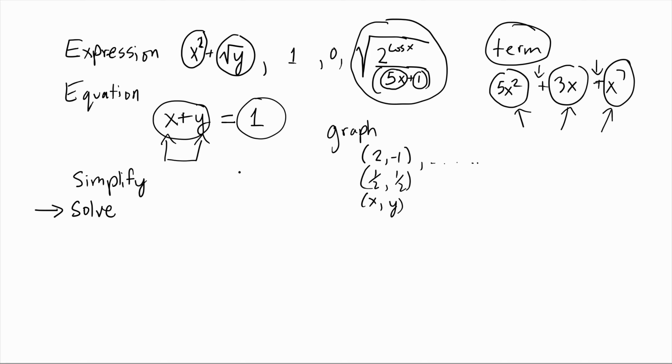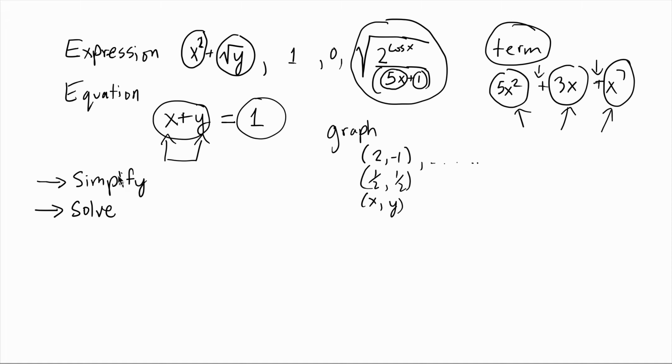Solving means you're finding values for a variable or a pair of variables that make an equation true. You could completely solve it by determining all such solutions, or partially solve it by finding just one or two of them. Simplify means something else.